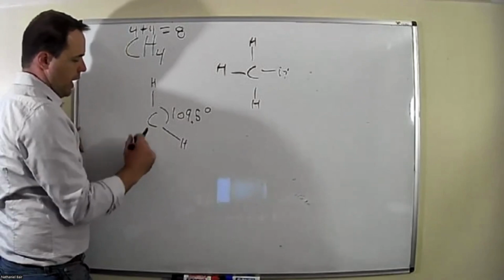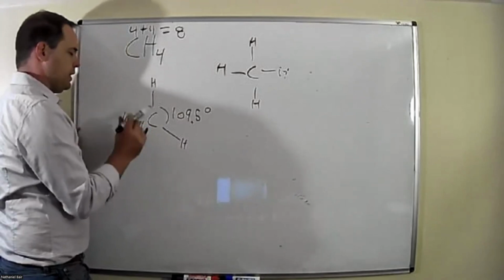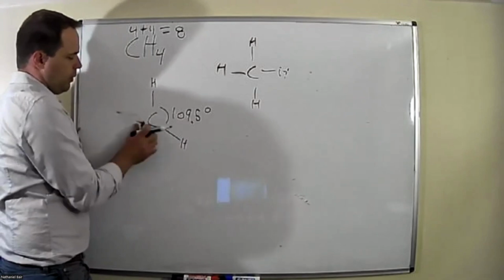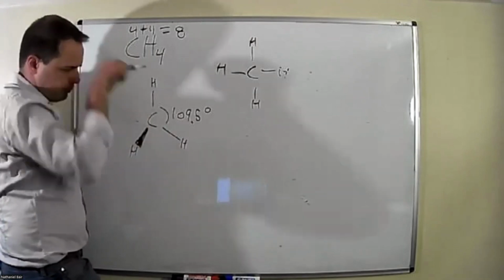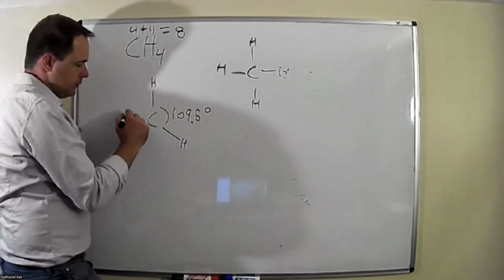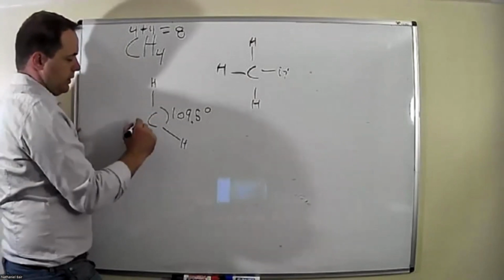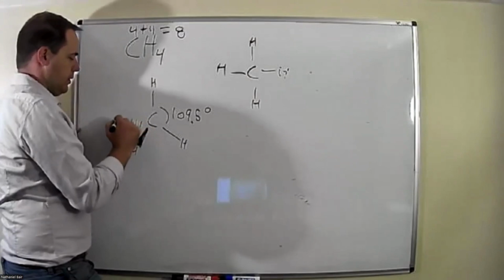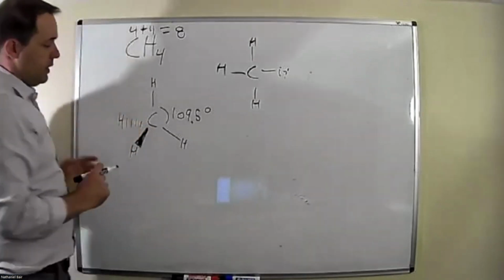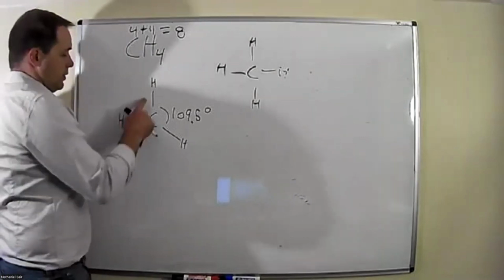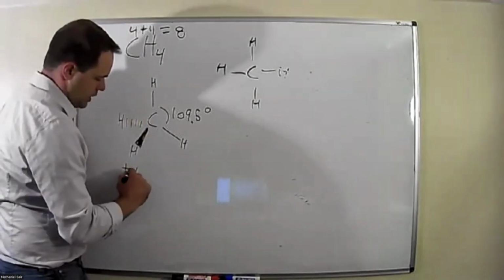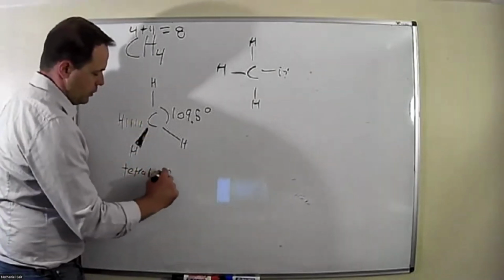We show that with a wedge. And another hydrogen needs to go back into the board. The way we show that is with a dashed line. I don't like that either. There we go. So that's how we show it. All these bond angles are 109.5, and it's a tetrahedral molecular geometry.